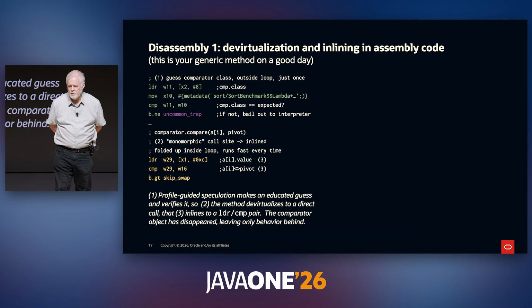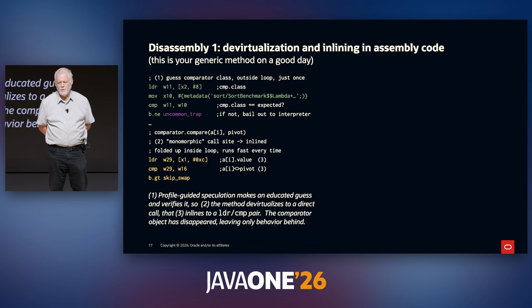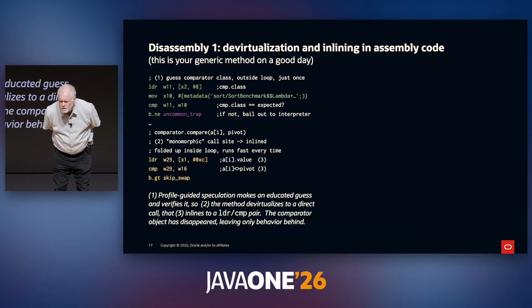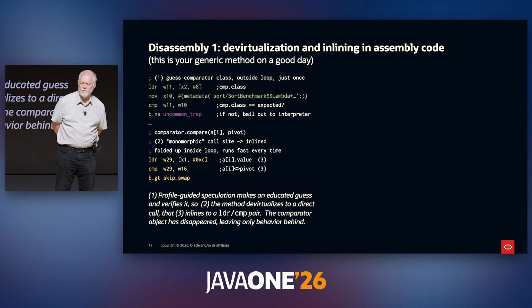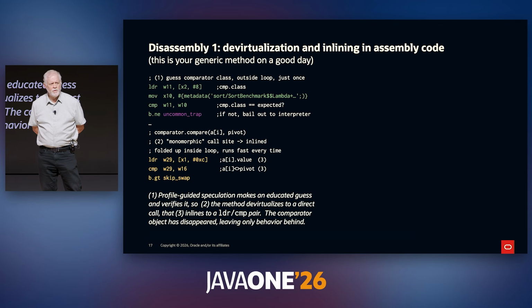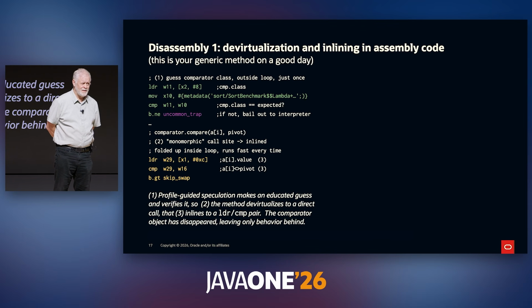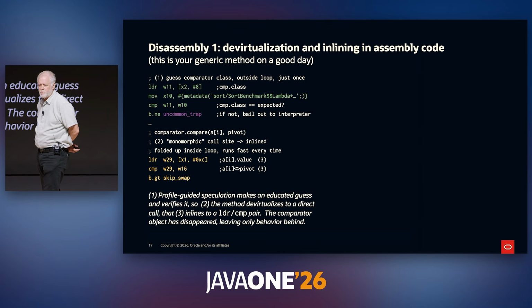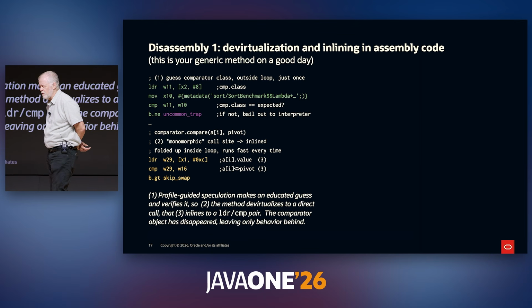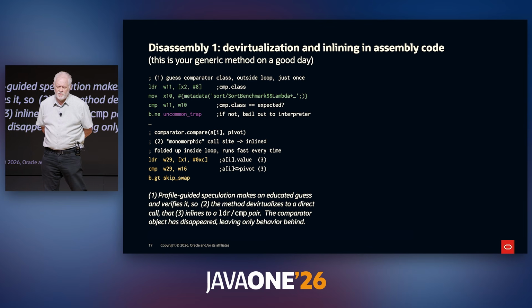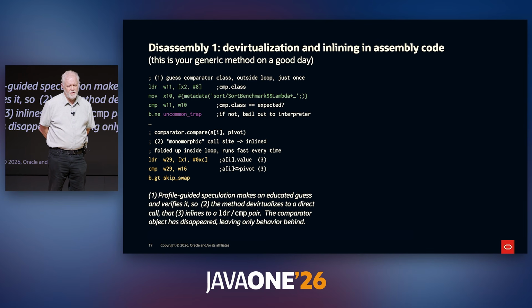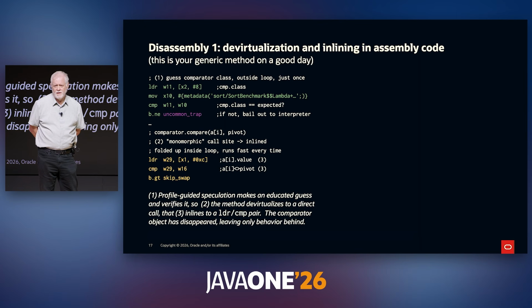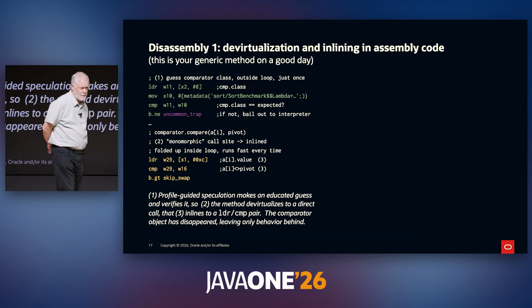You check a type, and you ask whether the type of the array, in this case, I think it's the array. No, it's the comparator, right? It's the comparator. Is the comparator the one that I'm expecting? Because I open-coded it later on. It better be the one I expect. If it's not, then I go to the purple thing, which means I'm falling off a cliff. Purple means off the cliff. It means I have to go to something called an uncommon trap, which is very painful, but still correct. And eventually, I might re-optimize and get on my feet again.